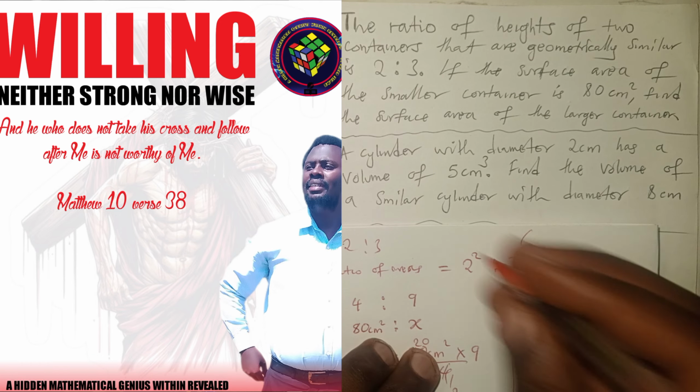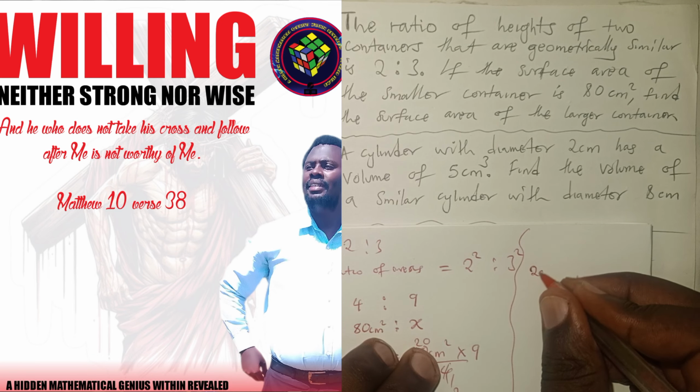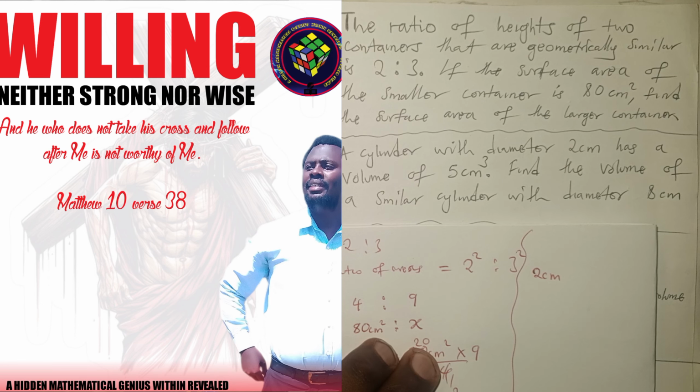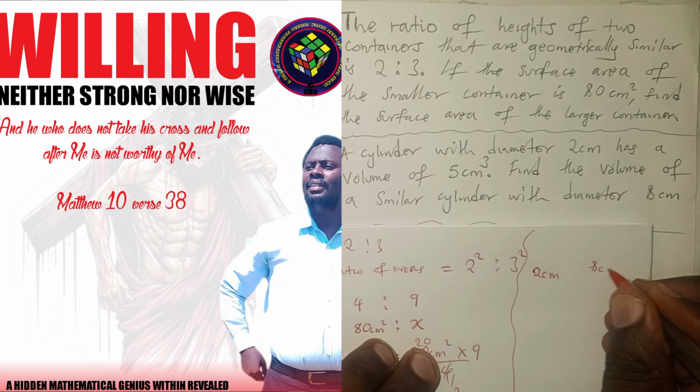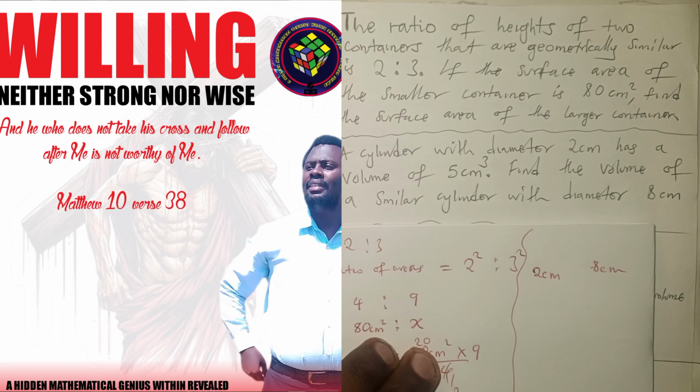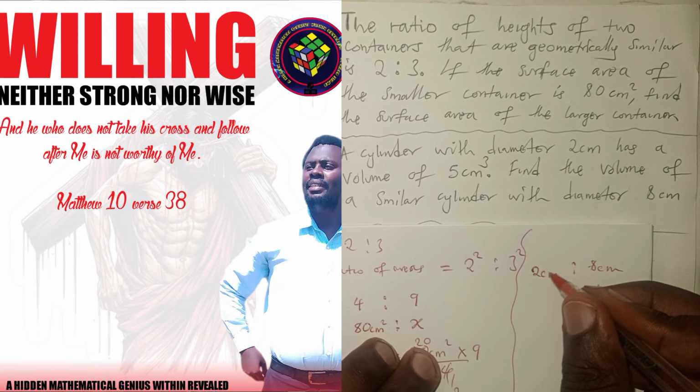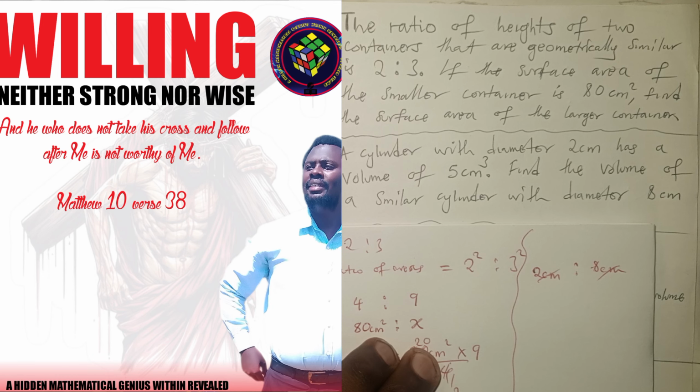Okay, so we have 2 centimeters for the smaller and 8 centimeters for the larger. So if we simplify that ratio, we can cancel out the centimeters. Then what is the highest common factor for 2 and 8?